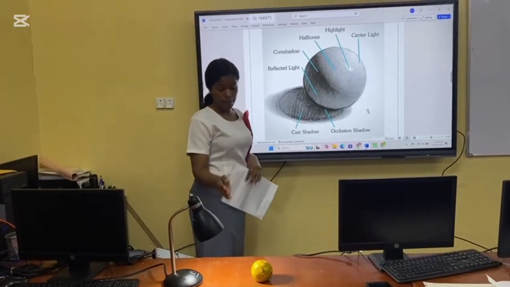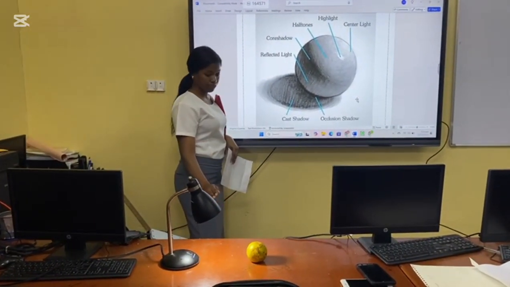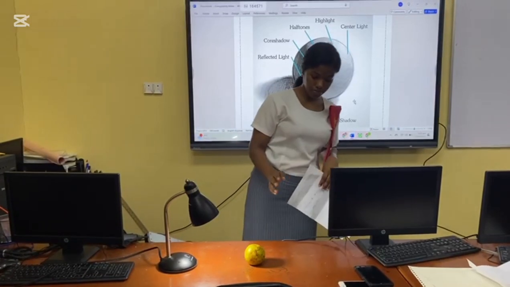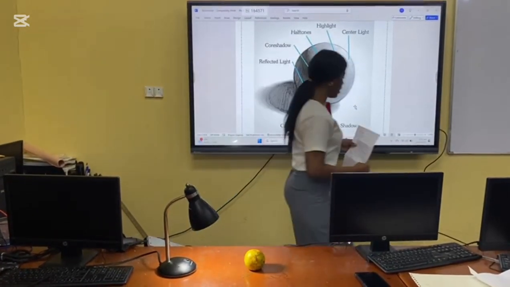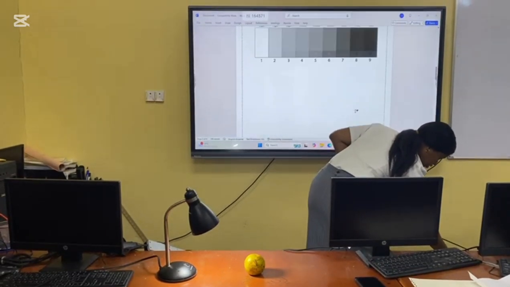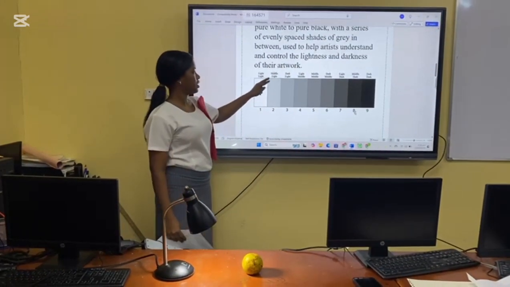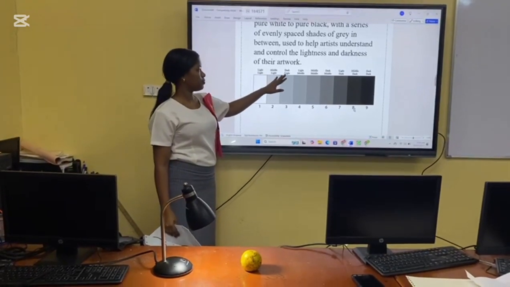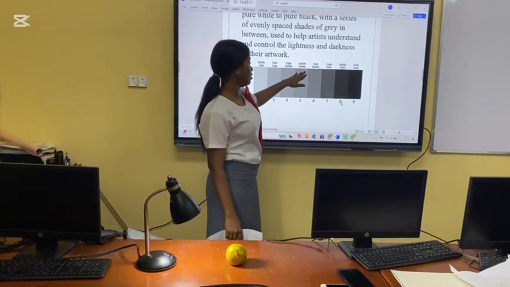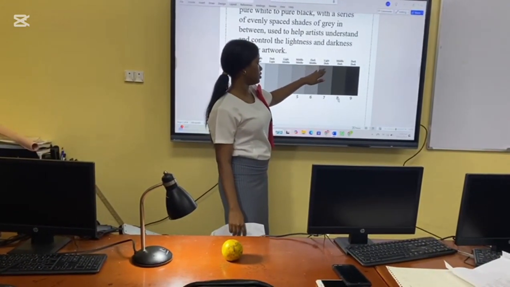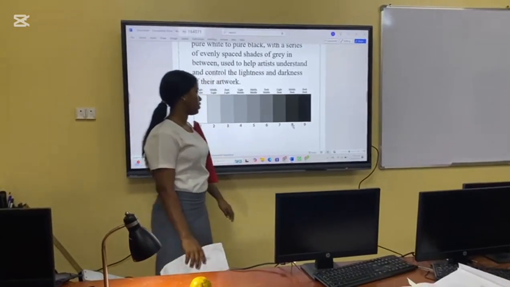And remember, apart from our highlight and our shadow, and our reflected light, there are something called middle tones, or half tones, and those are, let's call them, light middle, dark light, light middle, middle middle, dark middle, light dark, middle dark, and dark dark.